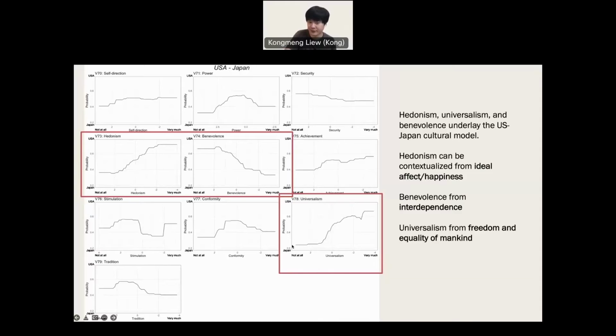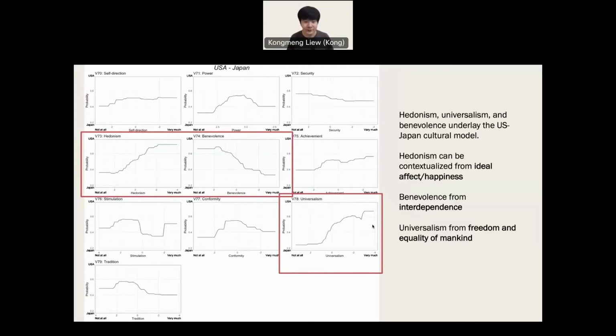And again, the opposite for universalism, where the higher they were on universalism, the more likely they were to be American. Now, this makes perfect sense because these three domains are very well defined in the literature. So hedonism, from the effect, where Americans usually want to maximize happiness. Benevolence, independence, Japanese are more interdependent.